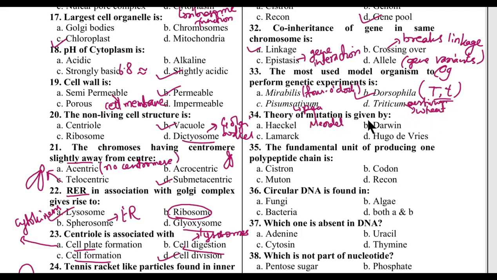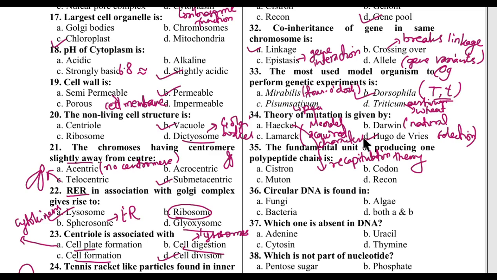And the theory of mutation is given by obviously Hugo de Vries. In case of Haeckel, he is known for the recapitulation theory. And talking about Darwin, he is the one for natural selection. Talking about Lamarck, he is for the acquired characters.